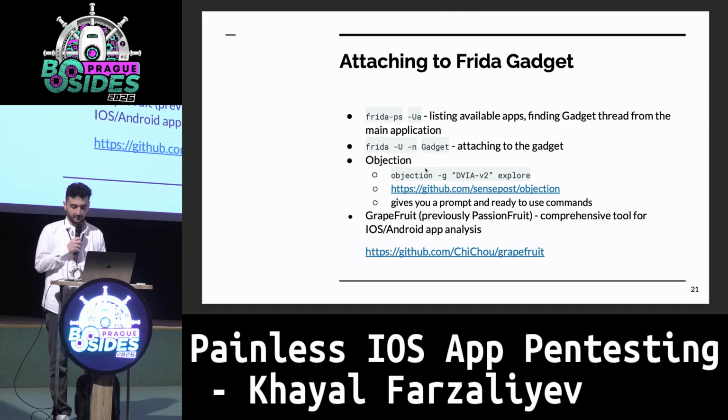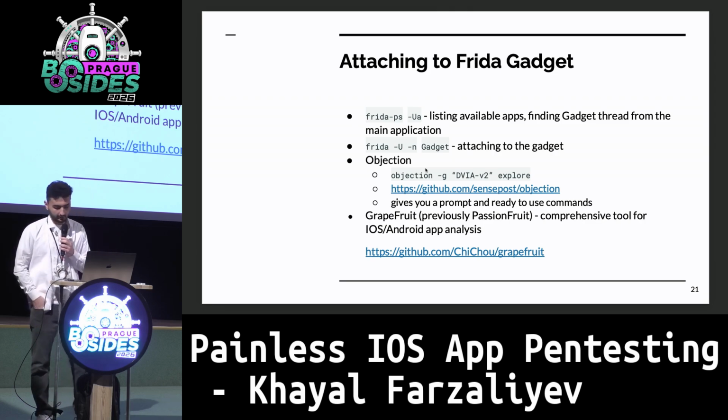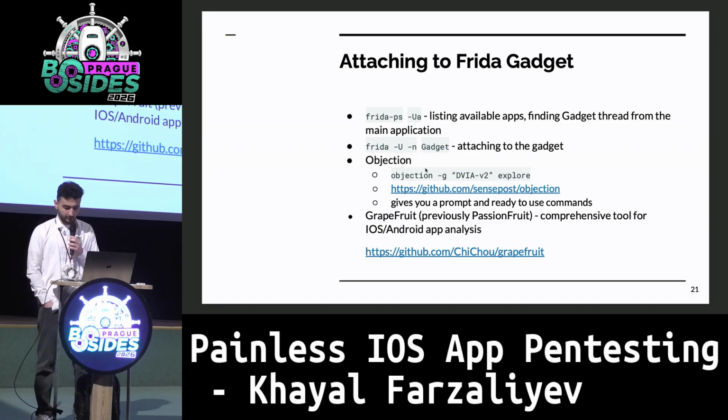When we see that the gadget is activated, we type the second command, frida -U -n Gadget. This attaches Frida to the gadget. The U again means USB, and -n Gadget says attach to the process named Gadget, which is what our embedded gadget is called. Now we have a JavaScript REPL running inside the target app. We can write scripts that intercept function calls, dump memory, modify return values, and so on.